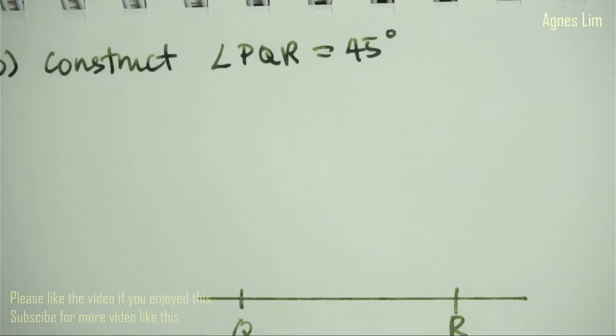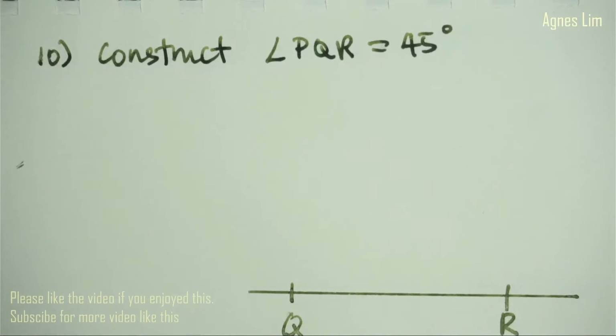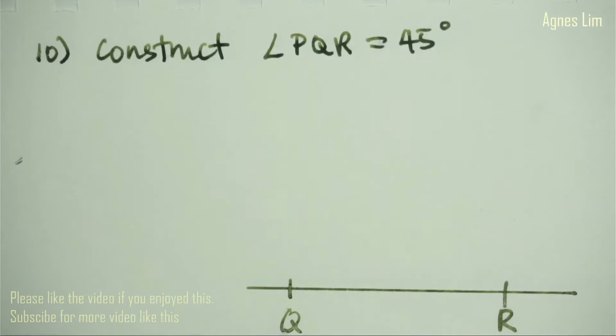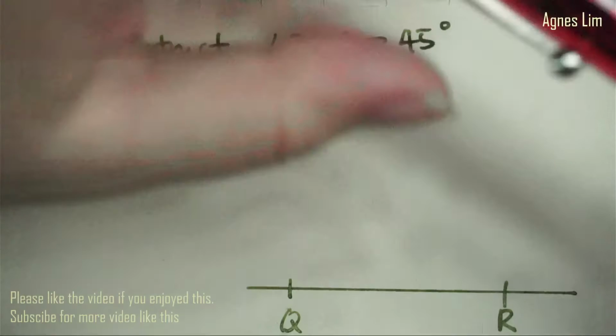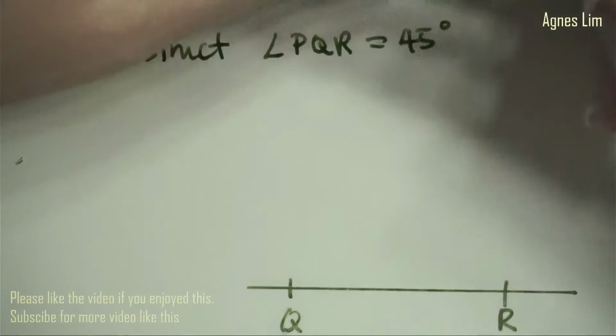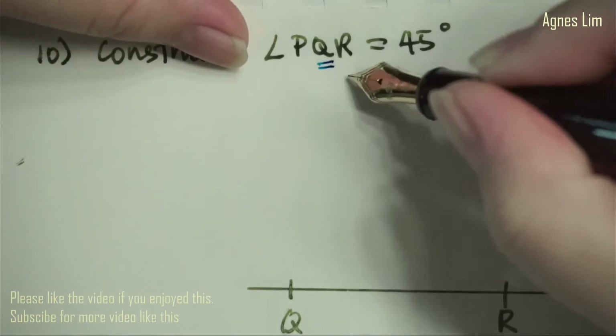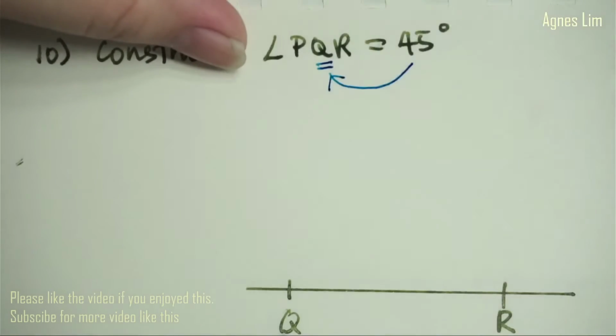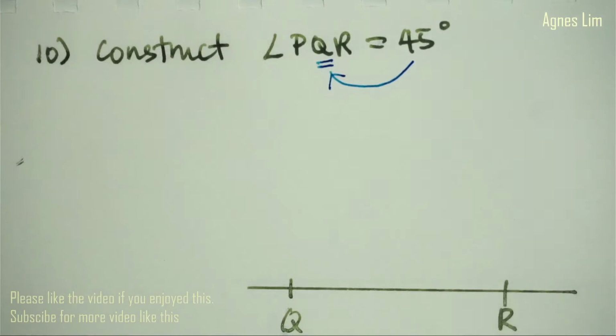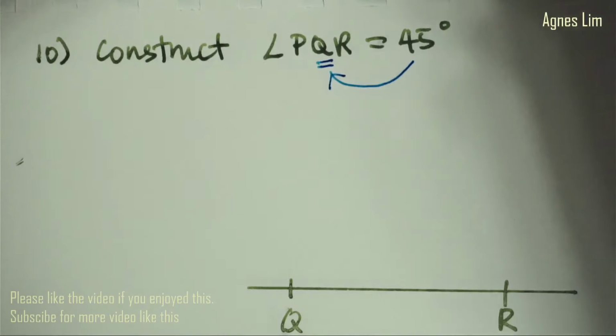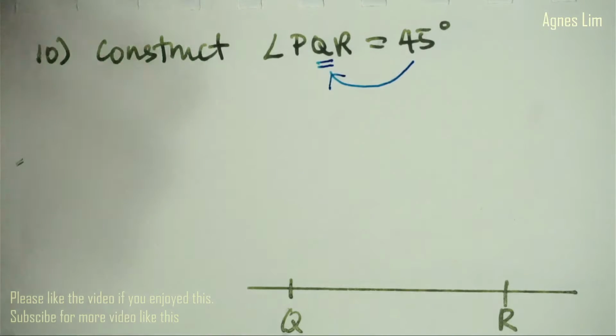Okay, construct angle PQR equals to 45 degrees. So PQR means we're going to have our Q with the angle of 45, which is this one. So 45 is actually half of 90.